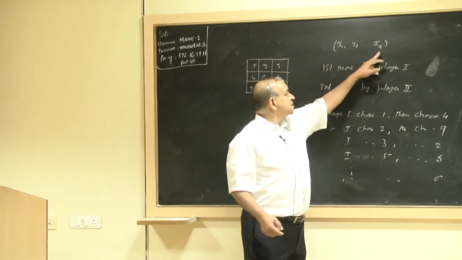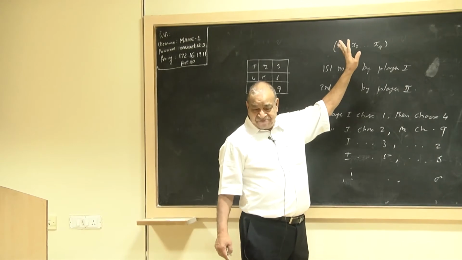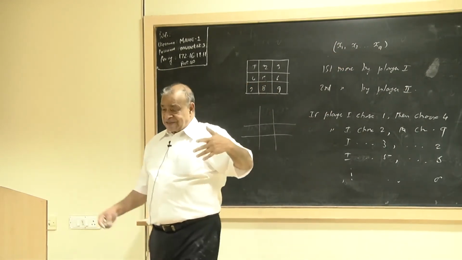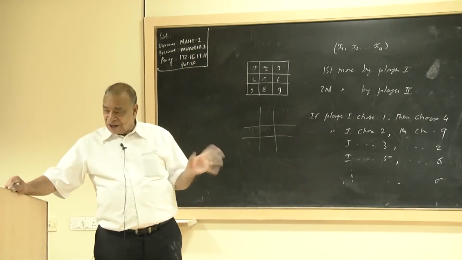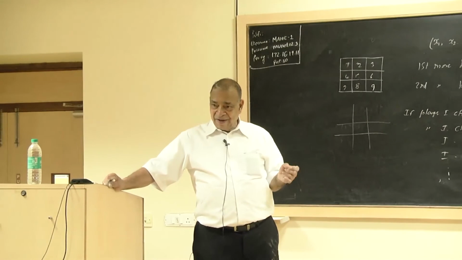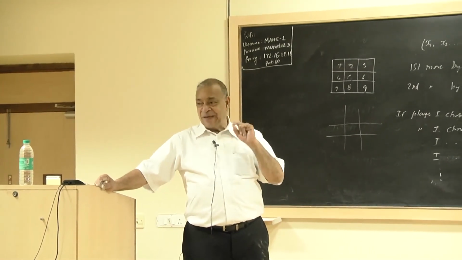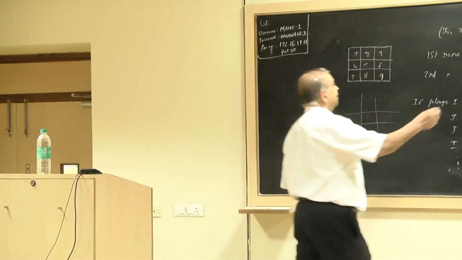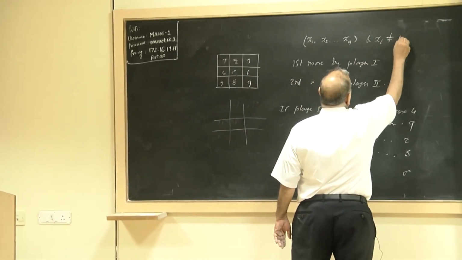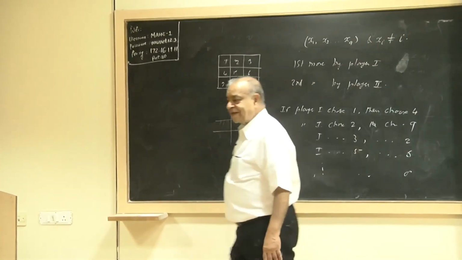All these numbers can take values from 1 to 9. Are they allowed to take all such possibilities? What is not allowed? Xi cannot be equal to i.